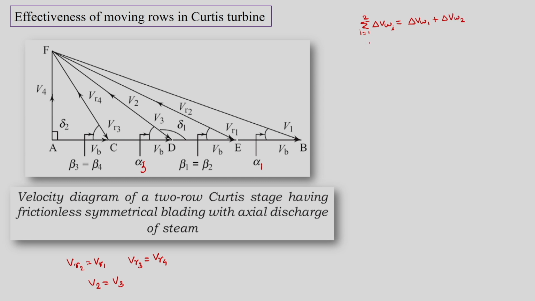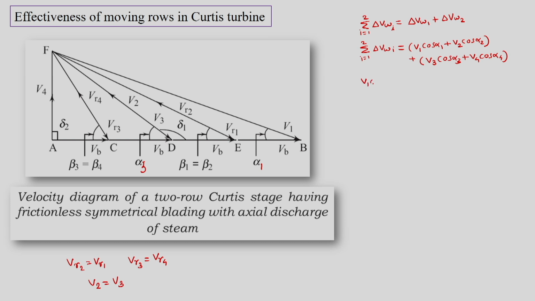Delta VW1 is the tangential velocity change: at the inlet we have V1 cos alpha 1, and at the exit we have V2 cos alpha 2, since we are considering this angle alpha 2 as more than 90 degrees, plus V3 cos alpha 3 plus V4 cos alpha 4.